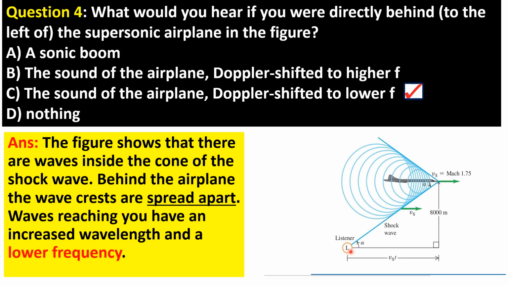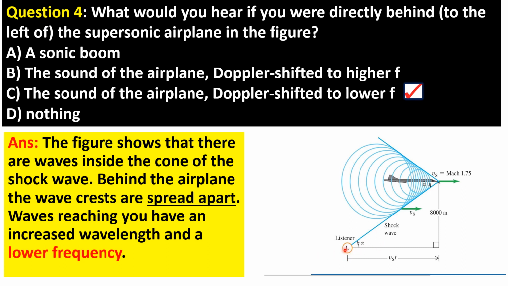But if there is another listener to the right of this listener, maybe at this particular point, that listener at this very instant will not hear anything. But in a very short while, as the airplane continues to move to the right, he will be able to hear a sonic boom, just like the first listener we're referring to here.